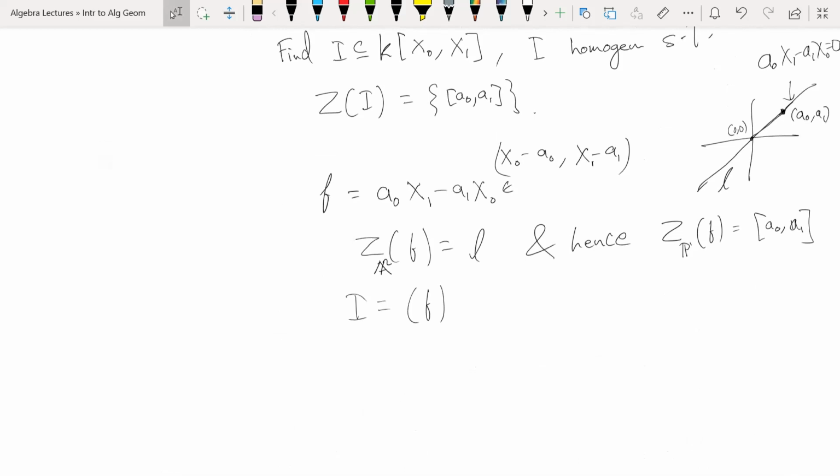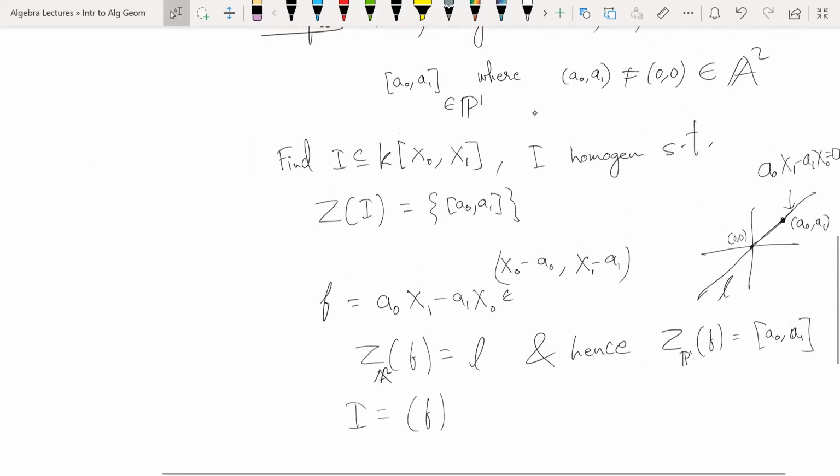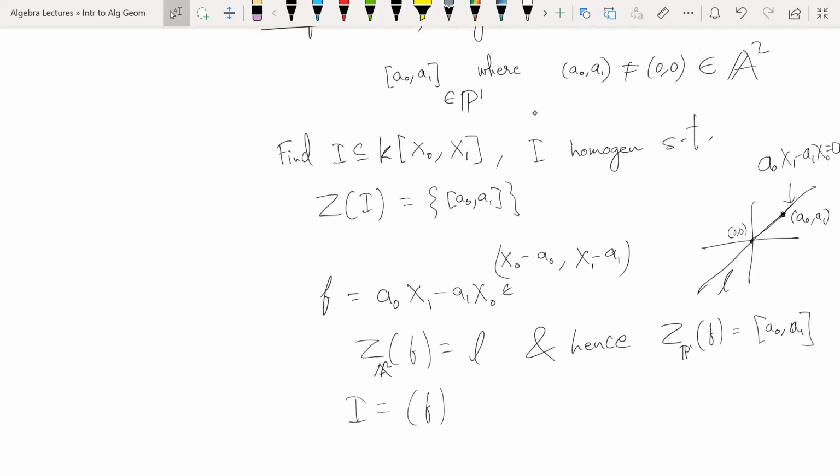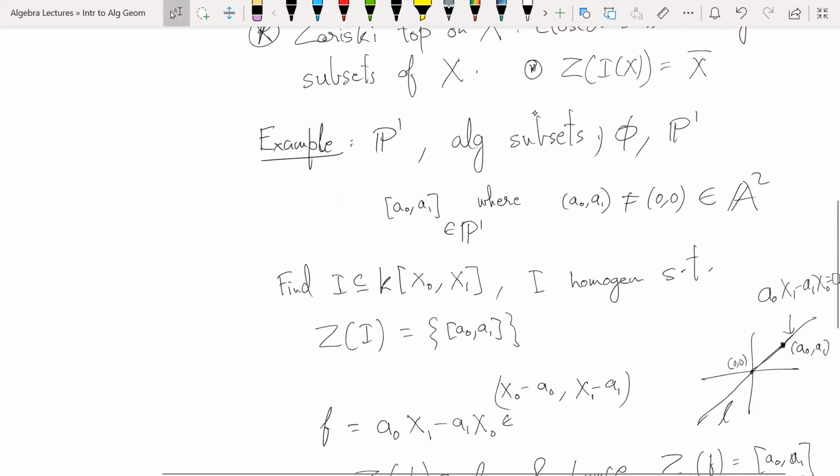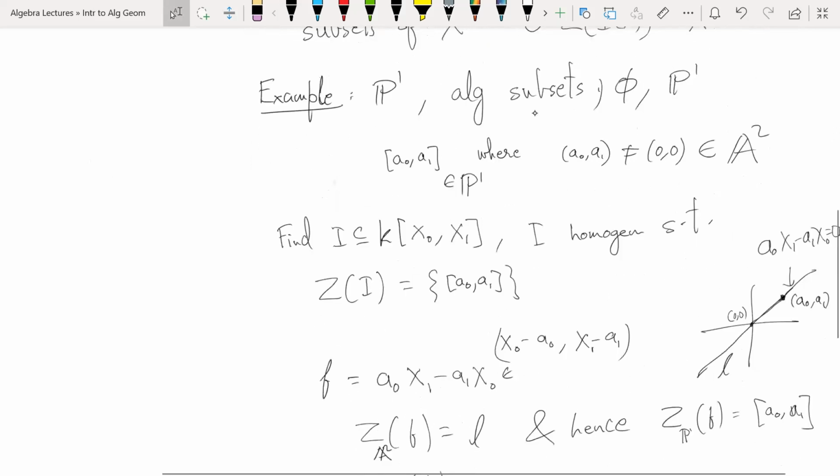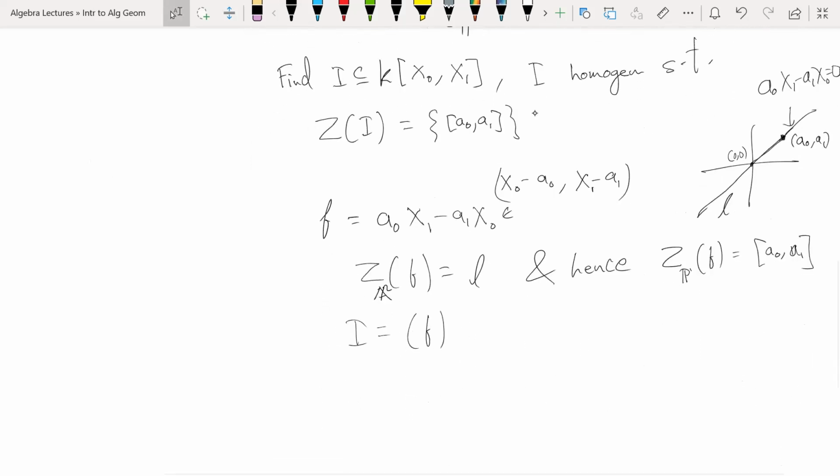And if you take any infinite set, then it's not going to be closed. That also you can prove. So the topology on P1 is the cofinite topology.